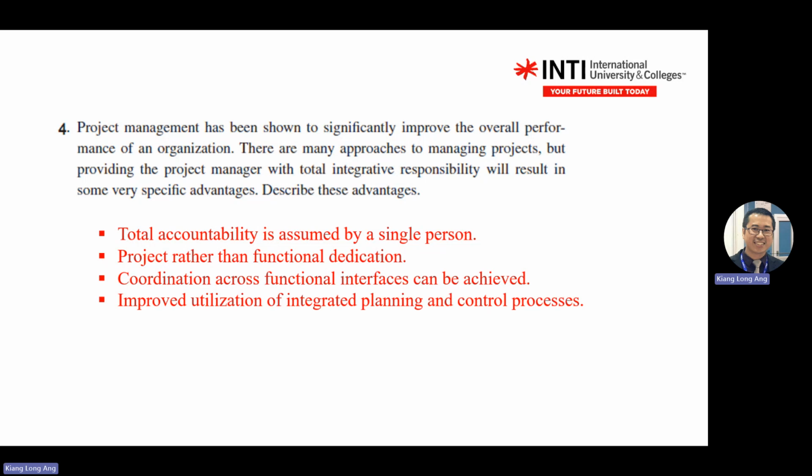It becomes from functional management into project management. Okay. Then coordination across the functional interface, improve utilization of a process, and so on. So this is more on project management, and it's not inside our lecture slides.